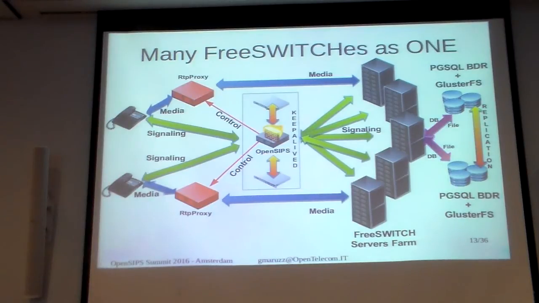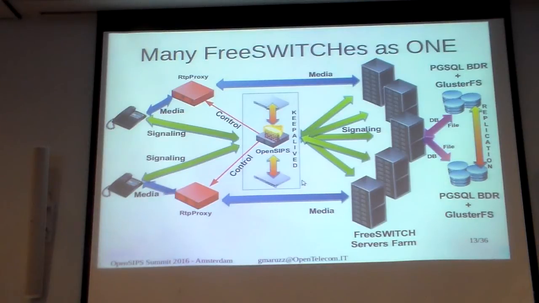So we will have also in this case, like in the case of the two FreeSWITCH machines, one active, one passive, one that is actually doing things, and the other that is just a passive standby. We also have the two entry points where the virtual IP address is moved by keepalive.